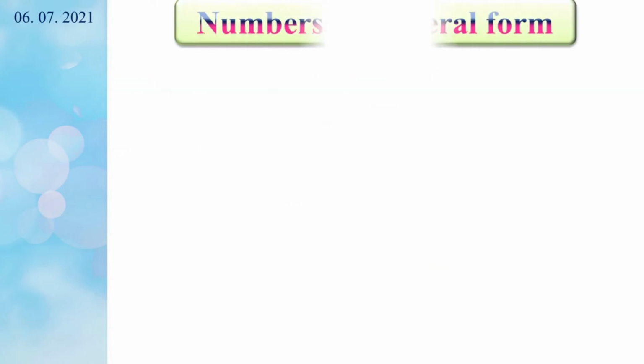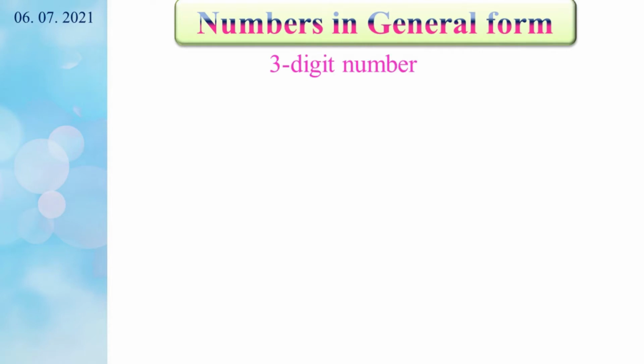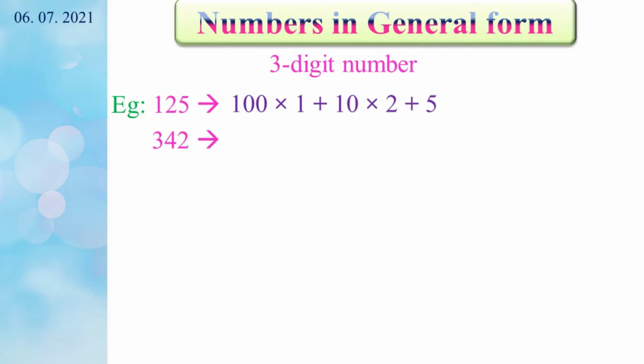Next, we will learn the general form of a 3-digit number. For example, we consider 125. We know the place value of the given number: 1 is at the 100's place, 2 is at the 10's place, and 5 is at the 1's place. So it can be written as 100 into 1 plus 10 into 2 plus 5.